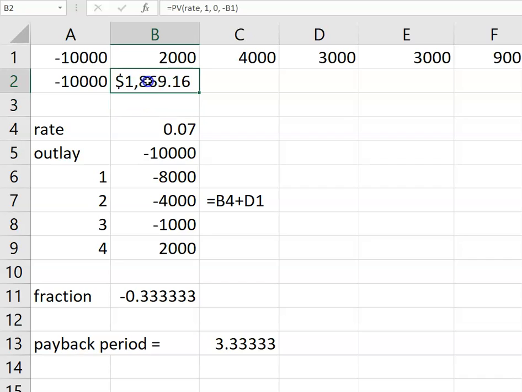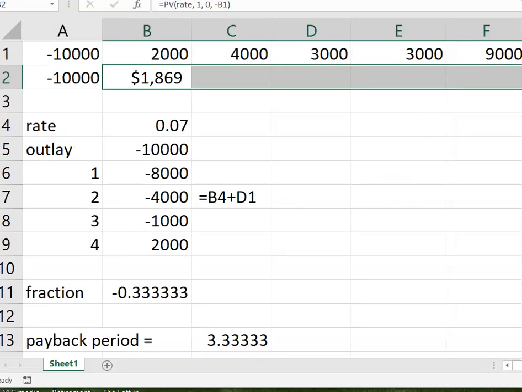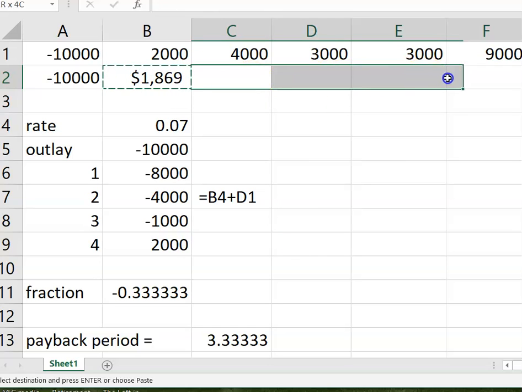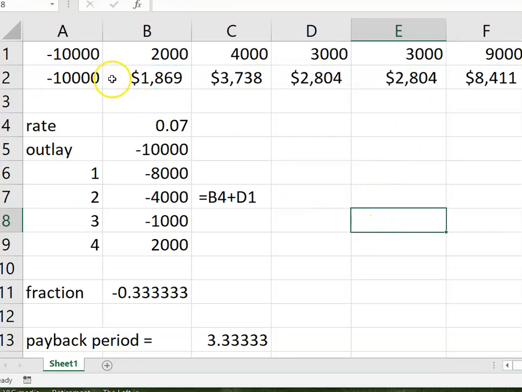So, on all of these, I'm going to get rid of that decimal so that we can see the full 9,000. Okay. Well, I can take this one and copy it to these. So this 9,000 out here is only 8,000, and the 3,000 is 2,800.